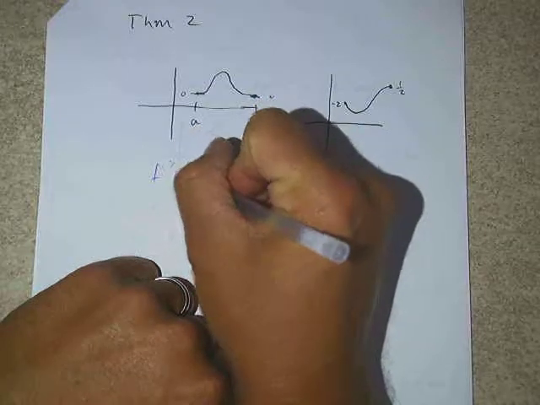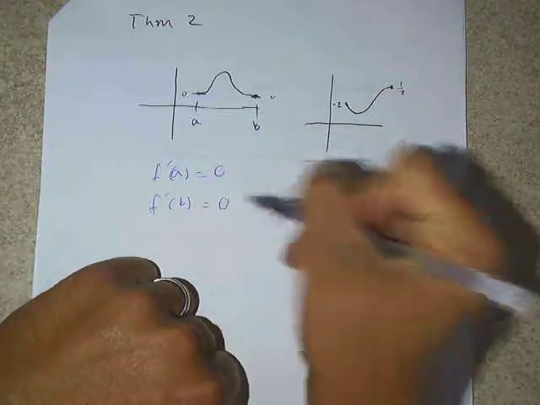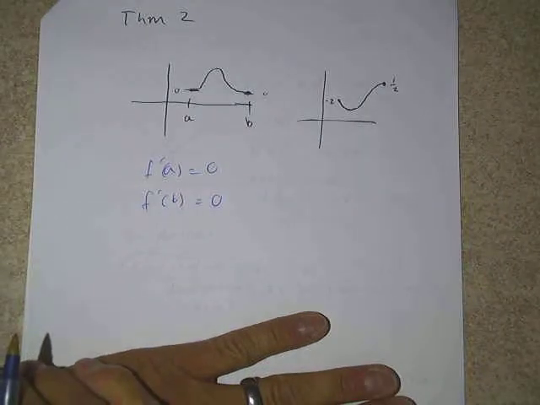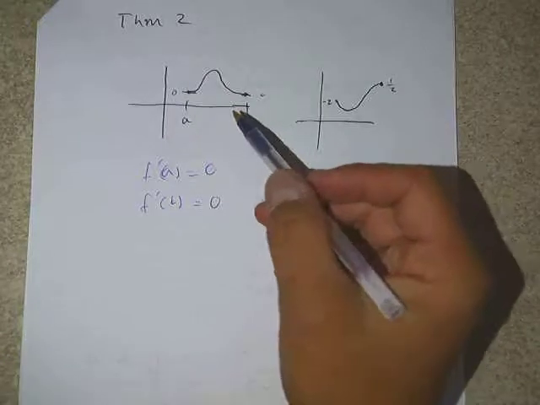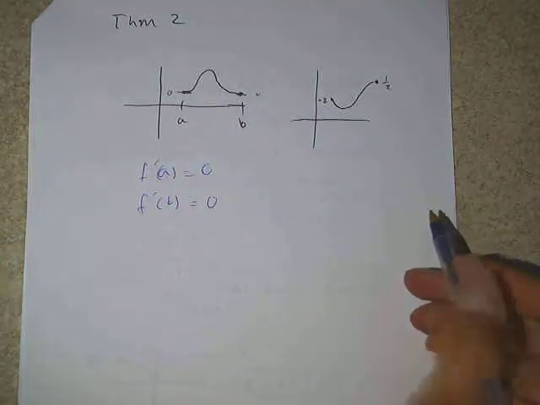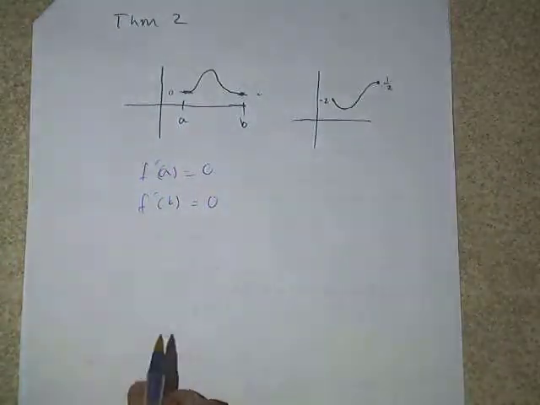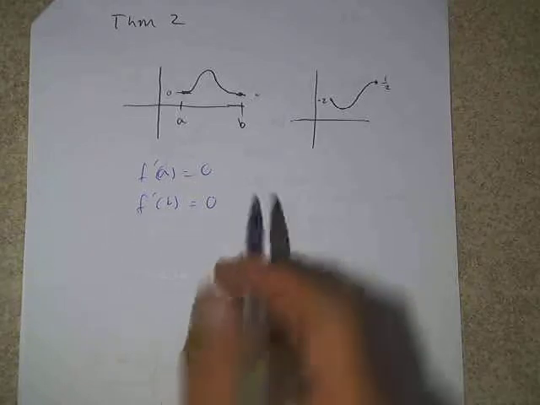Let's start with this example. When I have this situation where I have a derivative of 0 at either endpoint, since f prime at a is 0 and f prime at b is 0, that theorem just guarantees us that somewhere between a and b, this function has a derivative of 0.